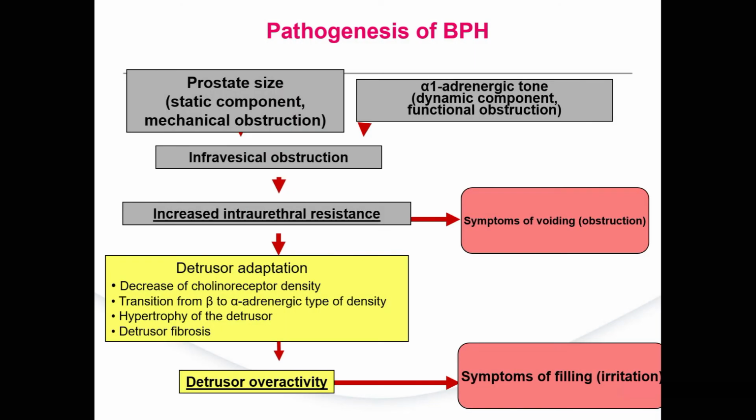The pathogenesis of the BPH. So we have the prostate size, the static component and mechanical obstruction. By the alpha-1 adrenergic tone, the dynamic component and functional obstruction is controlled.